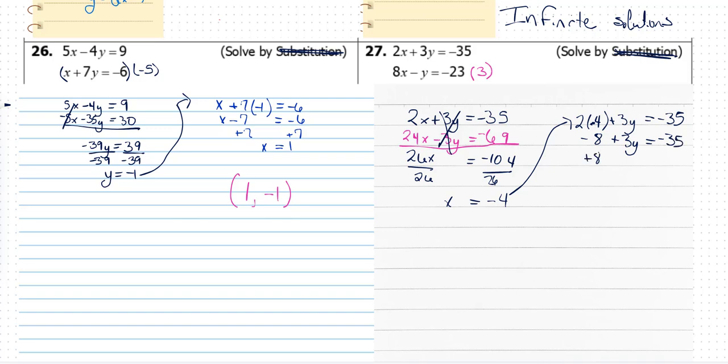Add 8 to both sides. 3y is equal to negative 27. And so y is equal to negative 9 when I divide both sides by 3. So my ordered pair is negative 4, comma, negative 9.